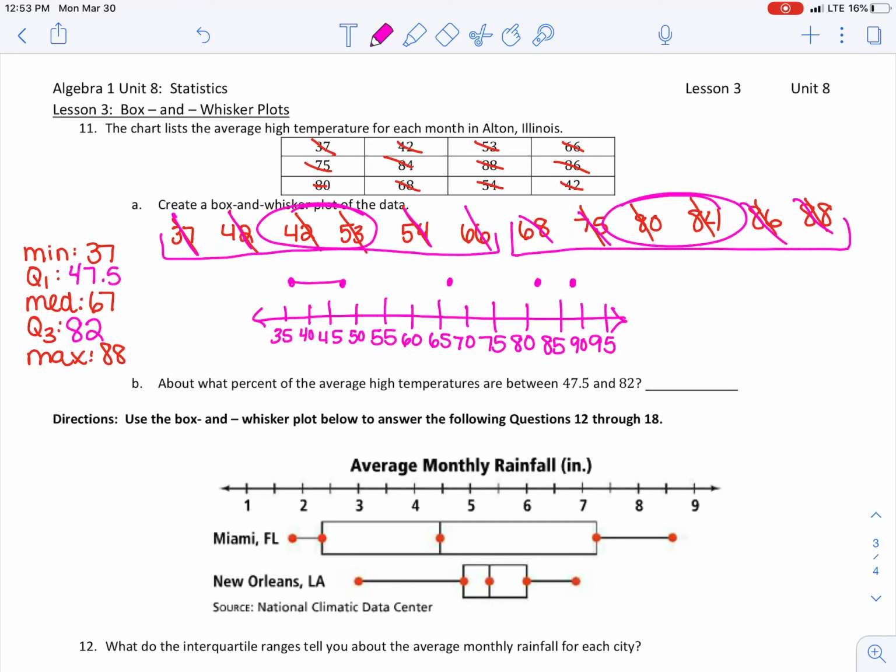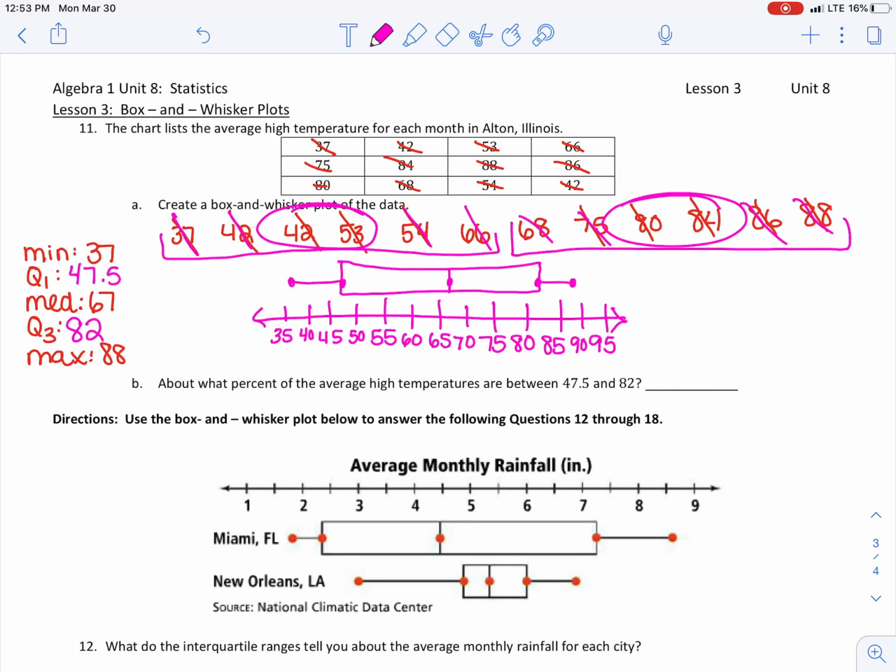Okay, so your first part is, again, a whisker. And then you have a box around Q1 to Q3 with a vertical line at the median. And then you have a whisker. Okay, so we've created a box and whisker plot for number 11.